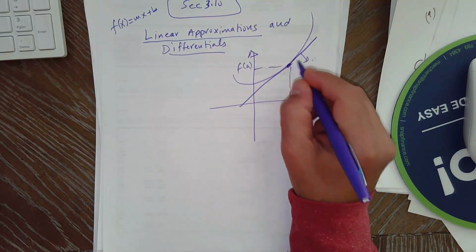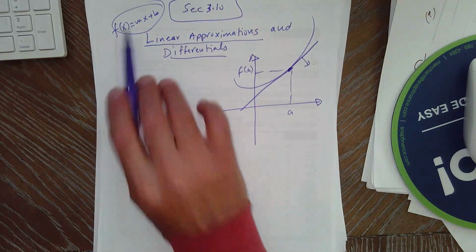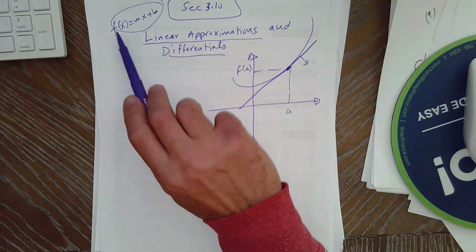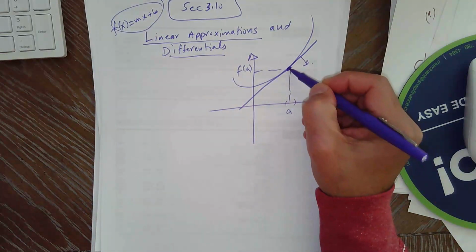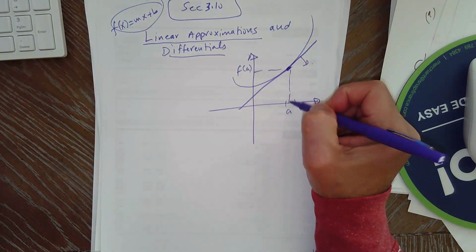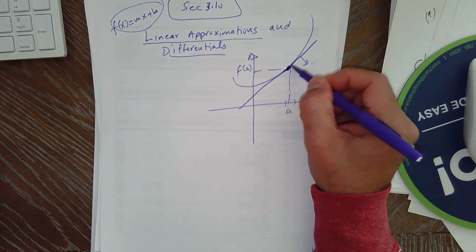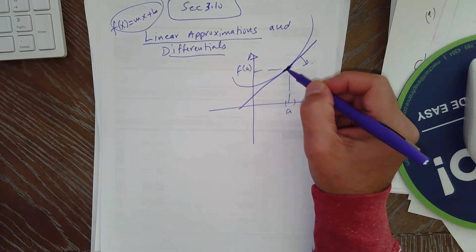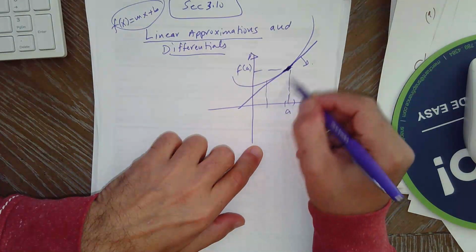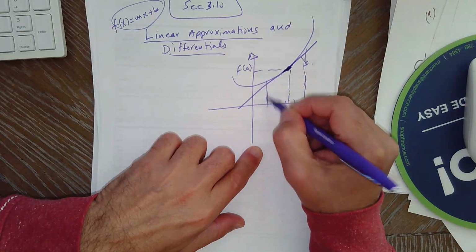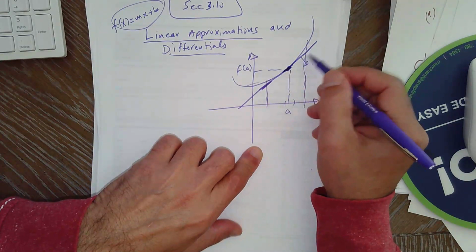So once we find the equation of the tangent line, we can use it to approximate the y values, f of x, at any point near a. As long as you're close to a, the approximation is almost the same. So it's very close. Once you go away from a, then you can see the difference between the linear value and the actual value. Okay.